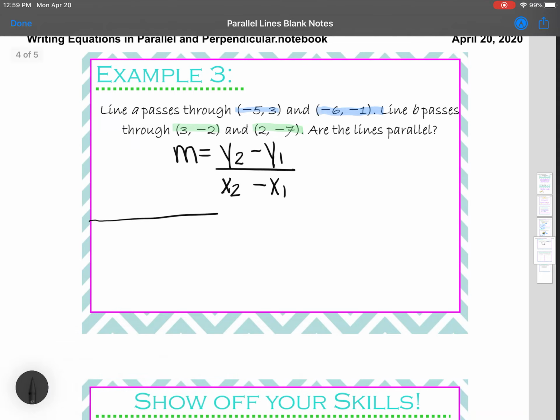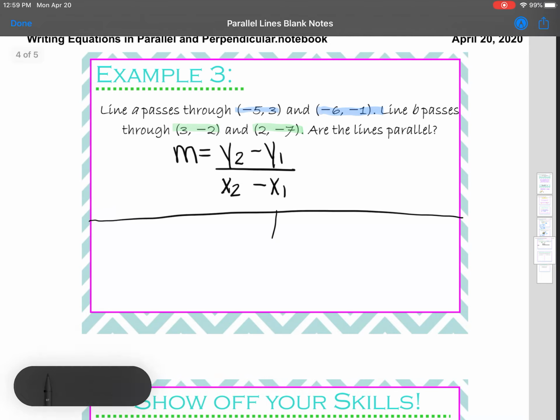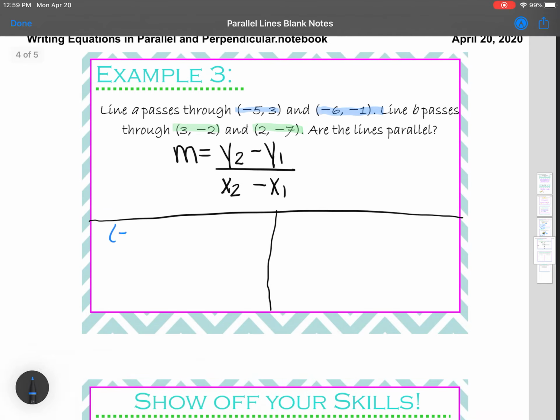Let's go back. Let's start with my blue points. I have negative 5, 3, and negative 6, negative 1. I'm going to label these x1, y1, x2, y2.